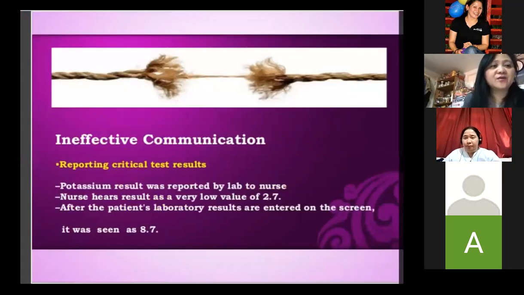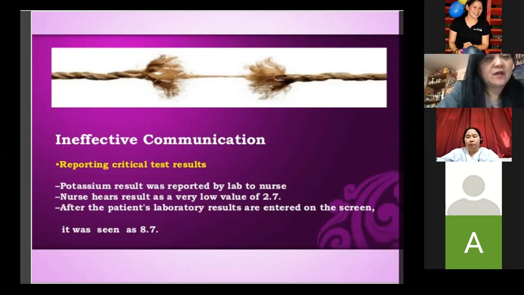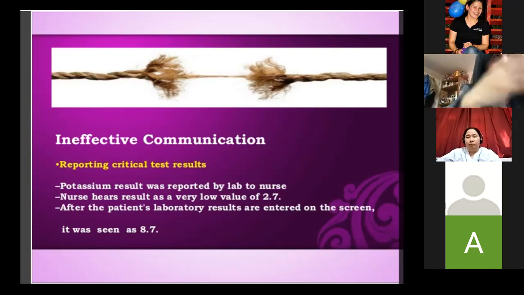Now, ineffective communication, usually yung reporting of critical test reports, it's also very important. If something is an emergency, there is a report for the patient, you have to send it immediately. And if you are not able to endorse it to the next duty, it will be a big problem, because it's time for them to carry out the procedure.